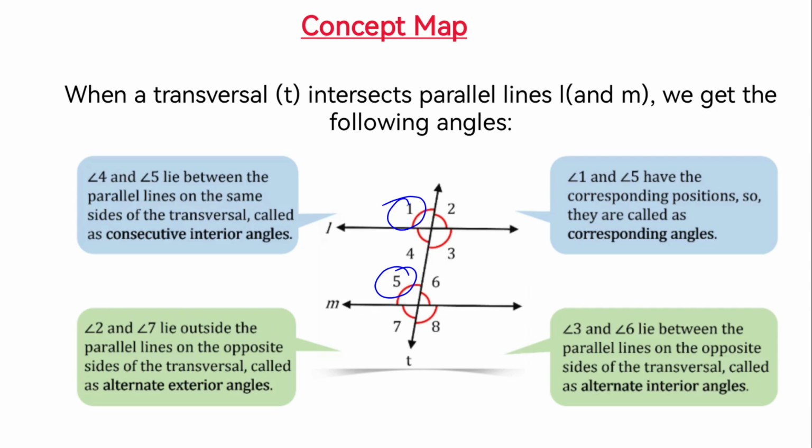Next relationship that is being seen is angle 3 and angle 6. Angle 3 and angle 6 are consecutive angles, not alternate interior. This one is wrong.